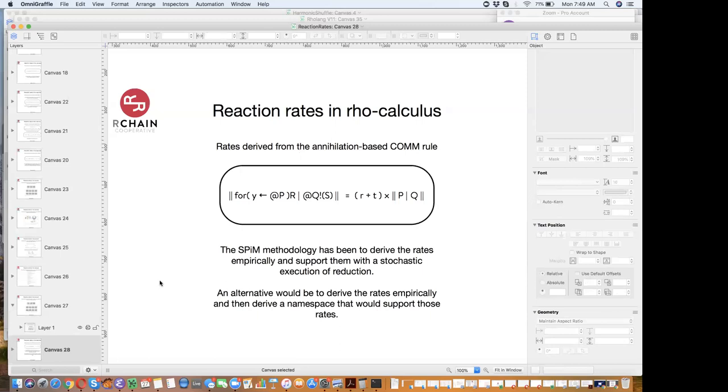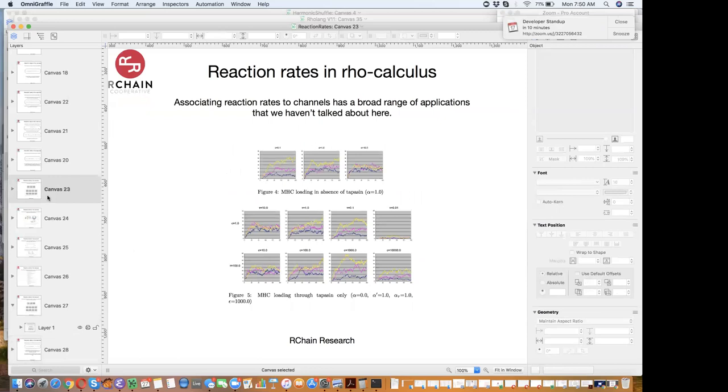And the interesting point is, well, there are multiple interesting points that I've been trying to get at since about 2014, when I first started thinking about the application of the process calculi to the blockchain space. There are incredibly sophisticated tools out there, SPIM being one of them. There are others.